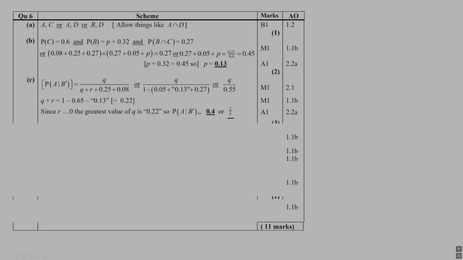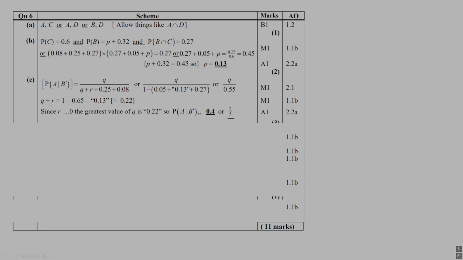You get Q over 0.55, and then you have to say that if you add all the probabilities, the sum of probabilities always equals 1. In any probability situation, doesn't matter if you're doing Venn diagram stuff or anything else that you're going to learn.